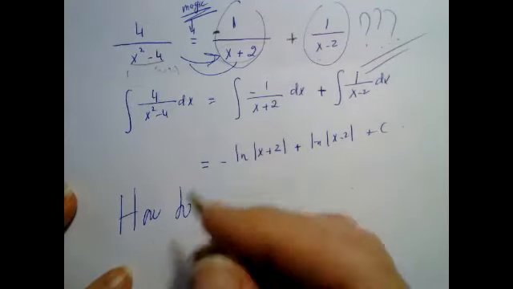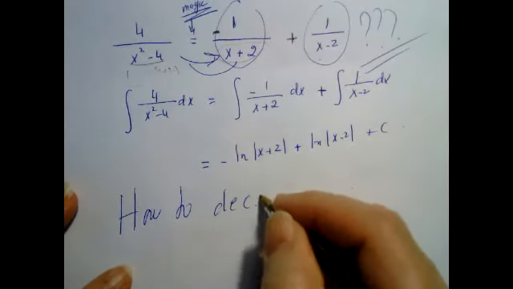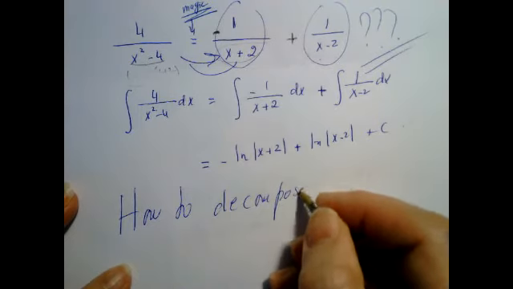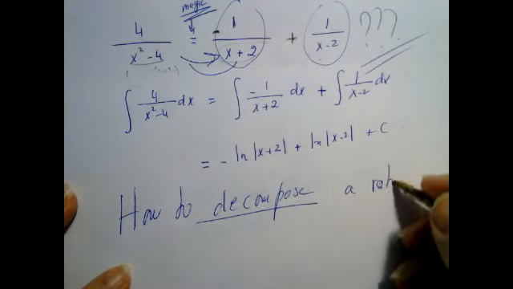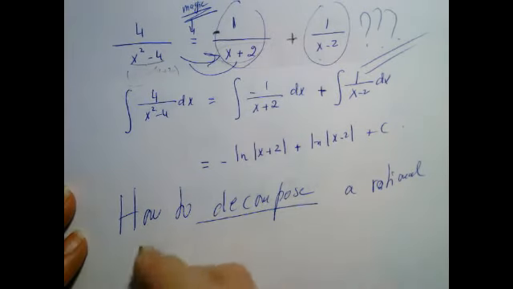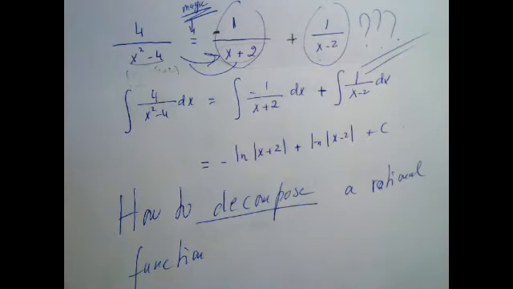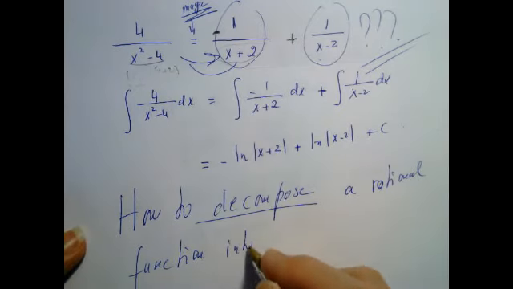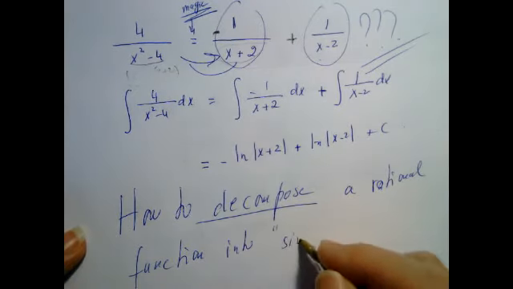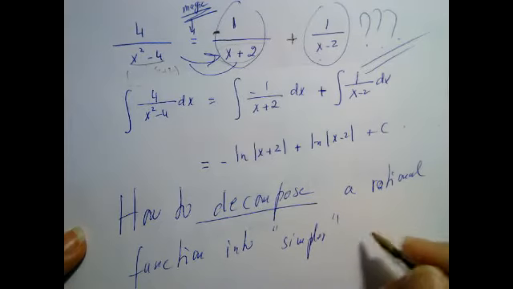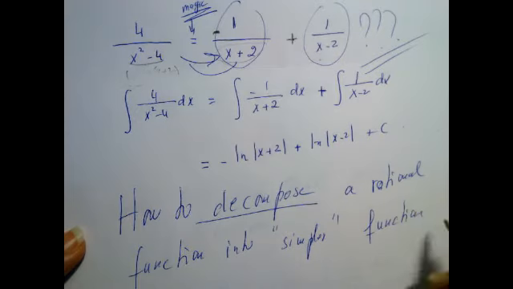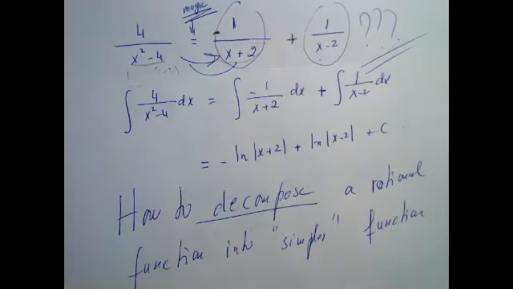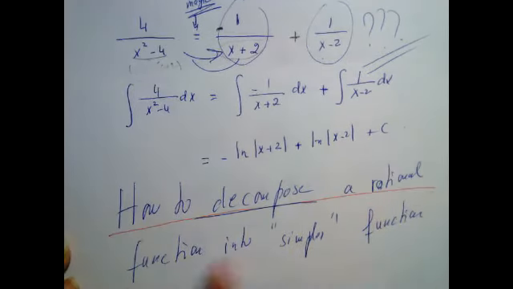How to decompose or rewrite, in general, a rational function into, quote unquote, simpler functions. That's really our goal, how to do this process.